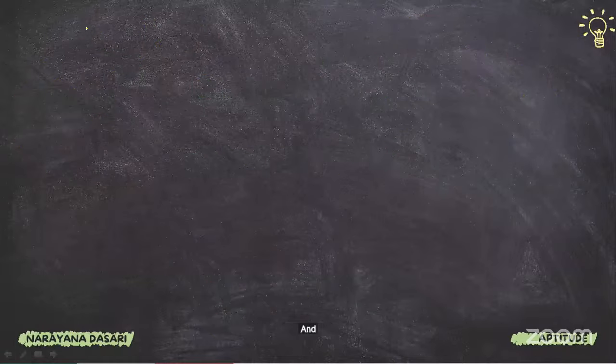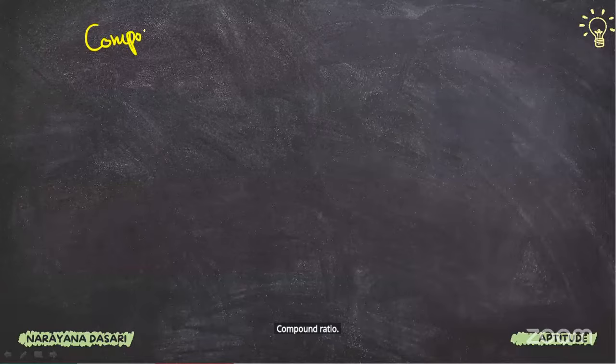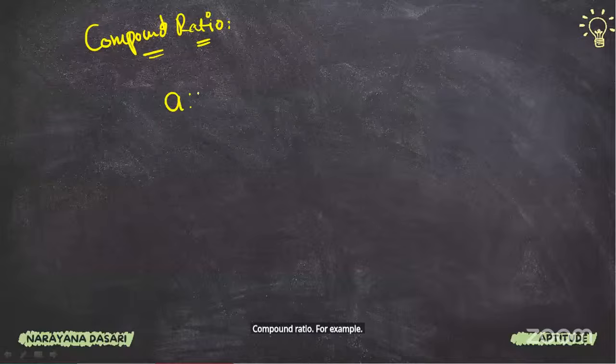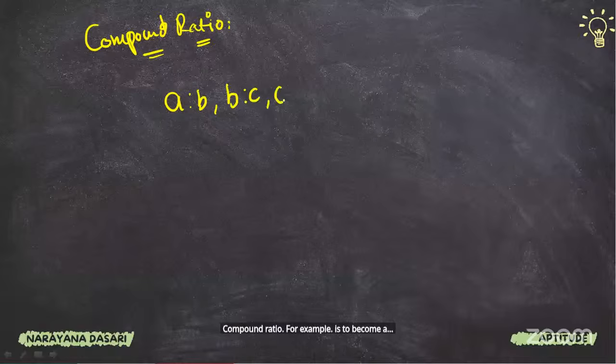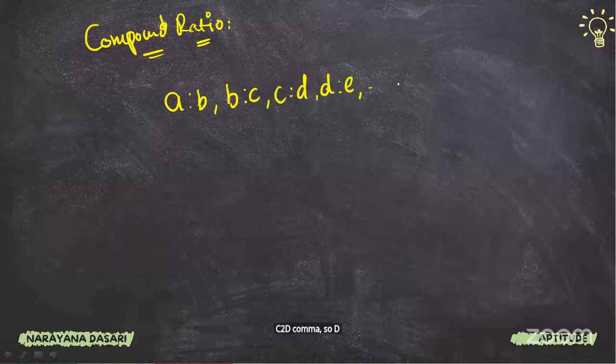And come to the one more point, guys, here. Compound ratio. For example, A is to B, B is to C, C is to D, D is to E, and so on.